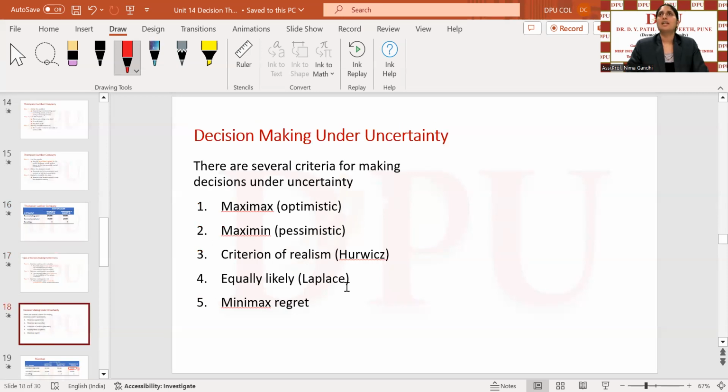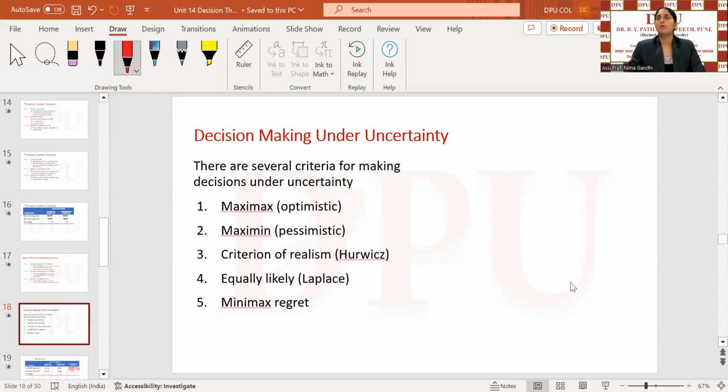You have different criteria here. These are the different methods you can use for taking a decision. You have 5 criteria under decision making under uncertainty. Each of your alternatives has multiple outcomes, but you don't know the probability of the final outcome. What is the chance that the market remains favorable?